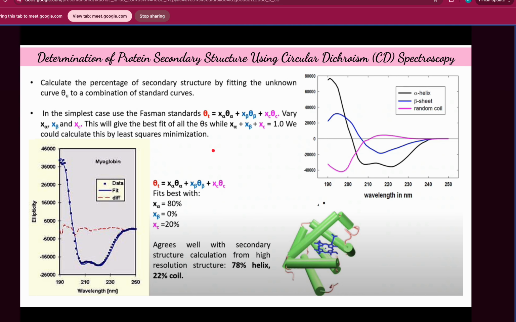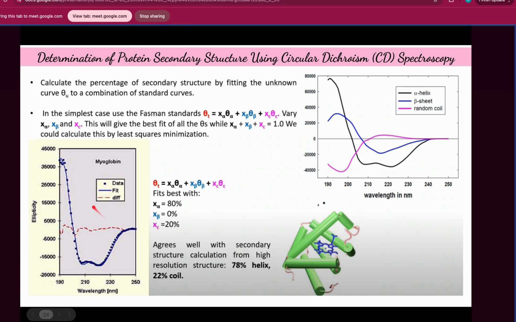So we can check for that. If we have already predicted the percentage of all of them, then by looking at the CD spectra, we can fit the data and check whether the calculation is right or not. For example, in this case, they have studied myoglobin. In this myoglobin protein, there is 78% helix and 22% coil.